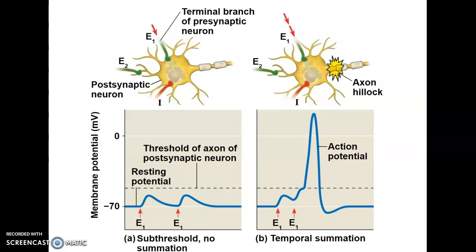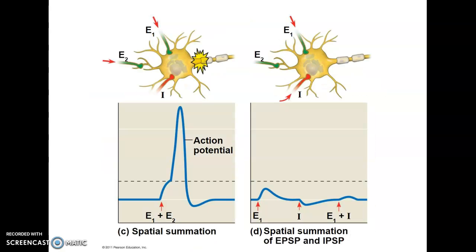We could also sum due to them being close together in space, and closer to the axon hillock, because the threshold potential only matters if it's above threshold at the axon hillock, because that's where the voltage-gated sodium channels are.